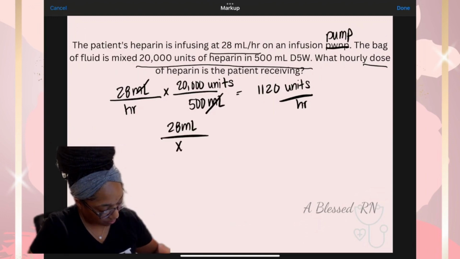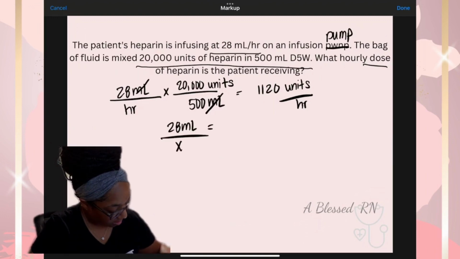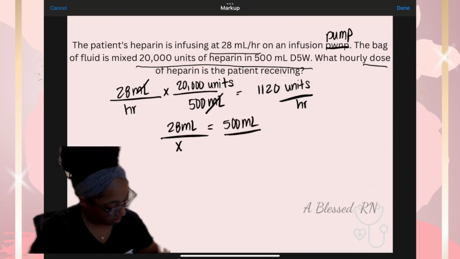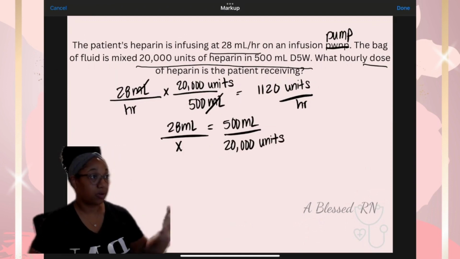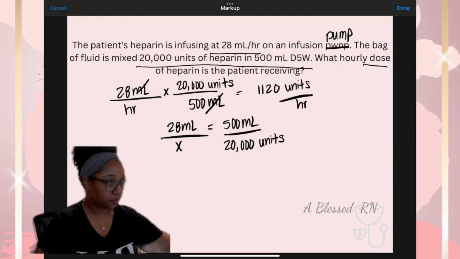We don't know how many units. And then we have a 500 mL bag of 20,000 units. All right, you're going to cross multiply.